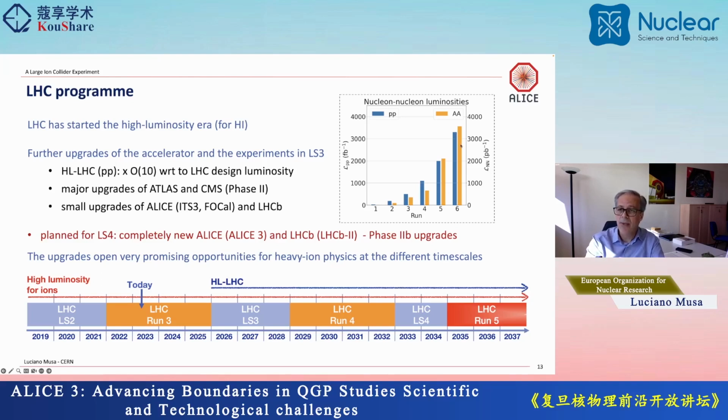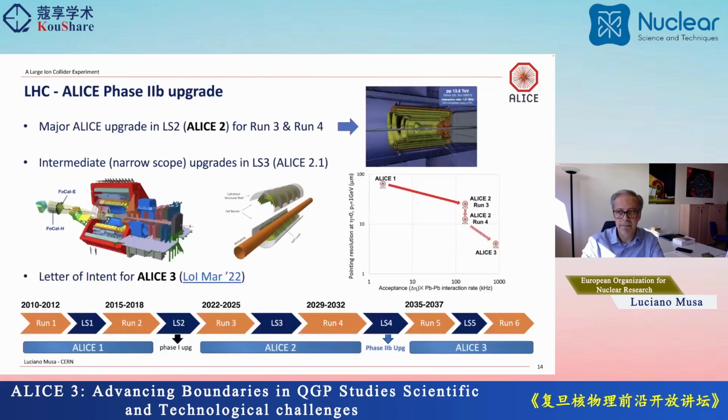And in yellow you see the luminosity for nuclear collisions, measured in inverse picobarn. So you see that they follow quite a dramatic increase over time.